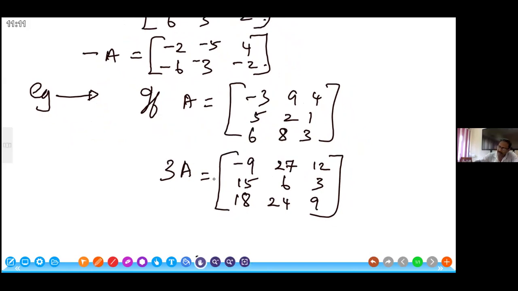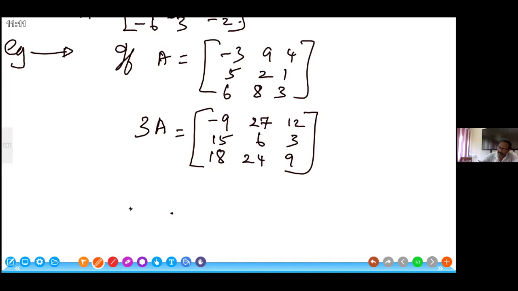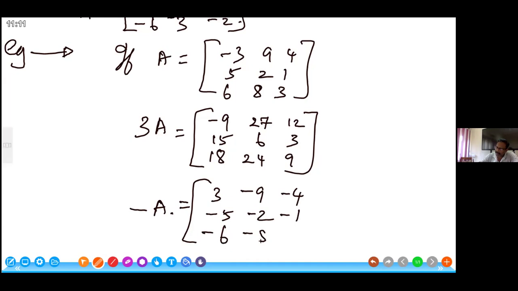Similarly, if you have minus A, the negative of matrix A, it is 3, minus 9, minus 4, minus 5, minus 2, minus 1, minus 6, minus 8, minus 3.